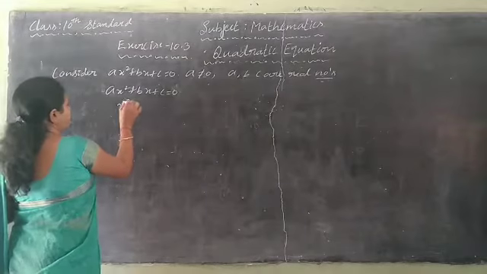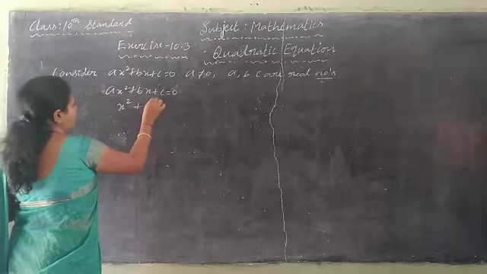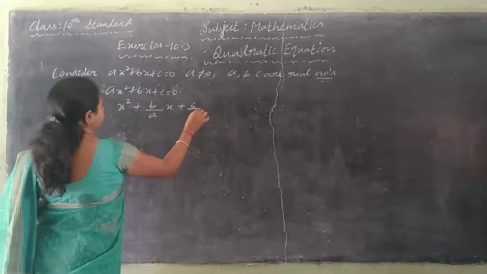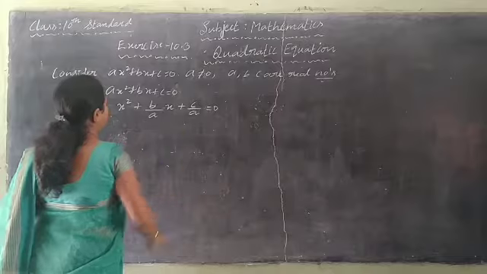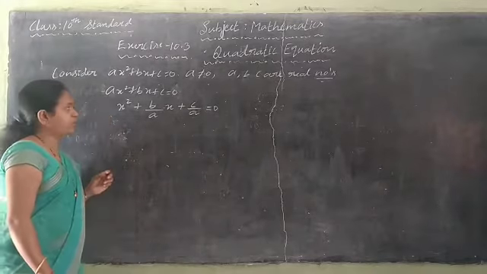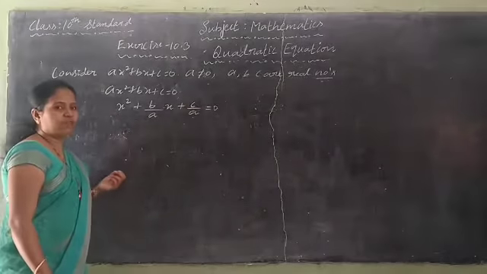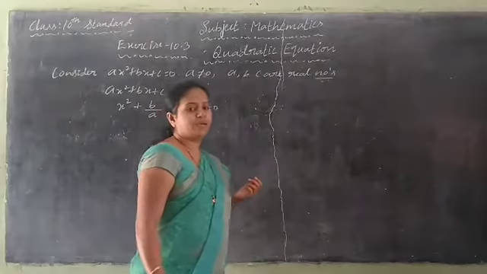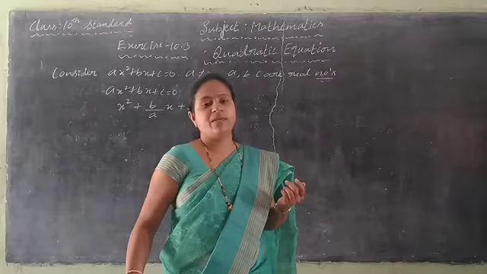What will we get? x square, a cancels. Then here b by a into x plus c by a is equal to 0. So when you multiply this equation by the coefficient of x square, you are going to get, children, x square plus b by a into x plus c by a.